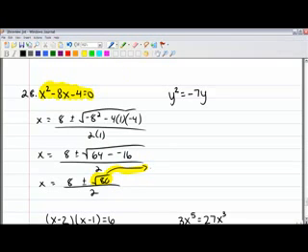So think square root of 80 is equal to square root 16 times square root 5. Well, that's equal to 4 square root 5. So let's rewrite this as 8 plus or minus 4 radical 5 divided by 2.